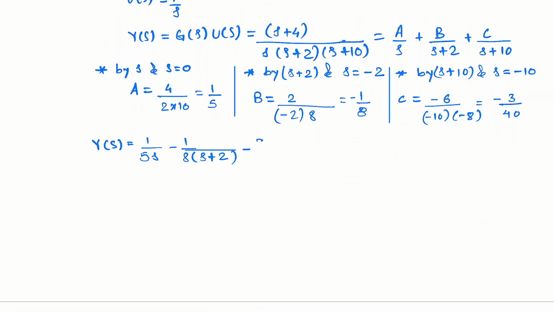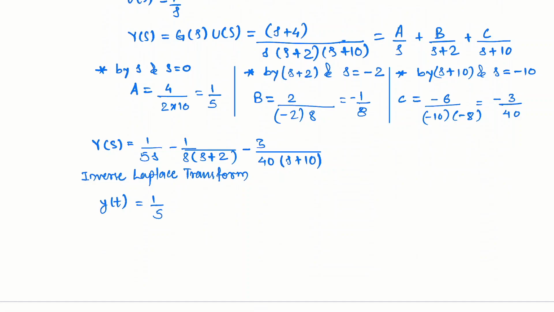Now taking the inverse Laplace transform, y of t would be 1 over 5 minus 1 over 8 e power minus 2t minus 3 over 40 e power minus 10t.